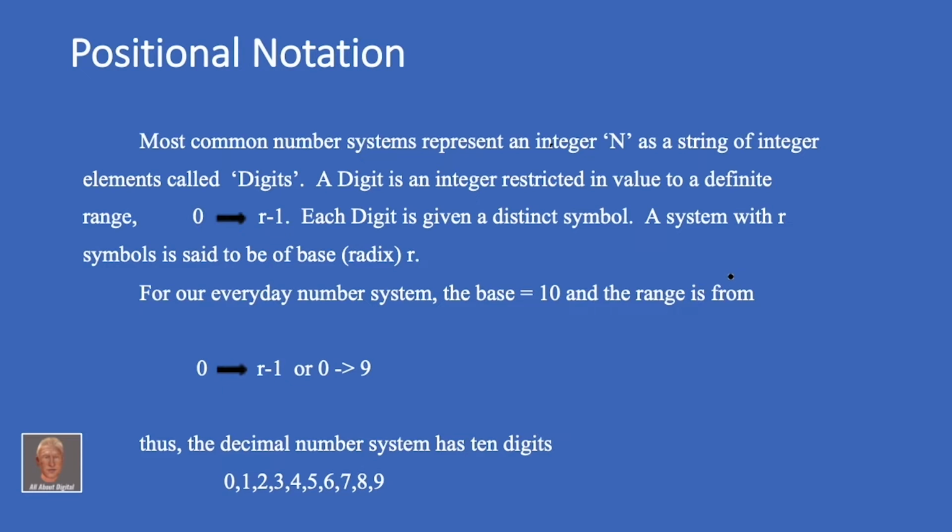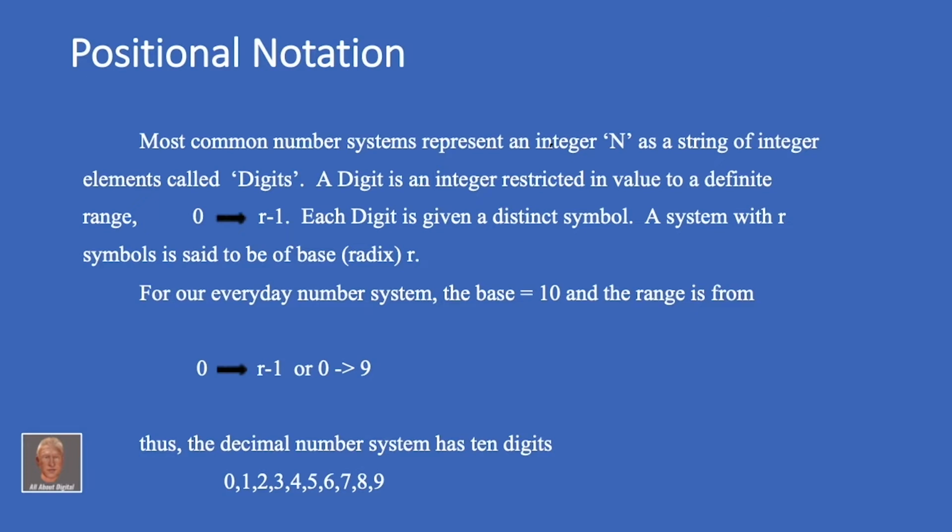So most common number systems represent an integer n as a string of integer elements called digits. To repeat, a number system represents an integer like 354 with elements called digits. A digit is an integer restricted in value to a definite range, 0 to r minus 1.